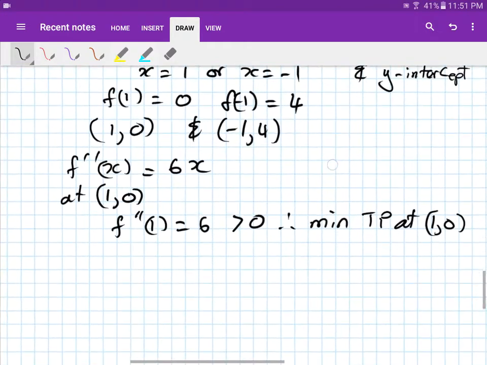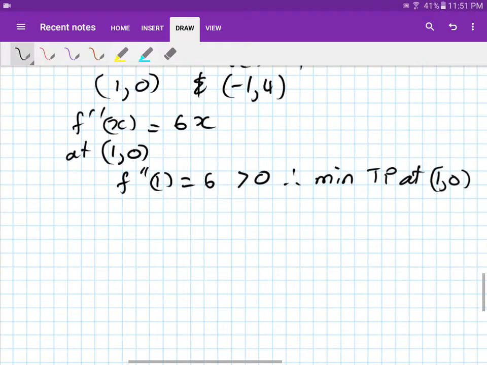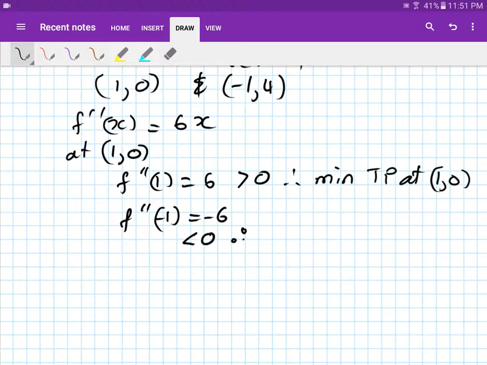All right, now I'm gonna test the second point. So f double dash negative 1 is equal to negative 6, so it's less than 0, therefore maximum turning point at (negative 1, 4). Okay, so we got that first part.